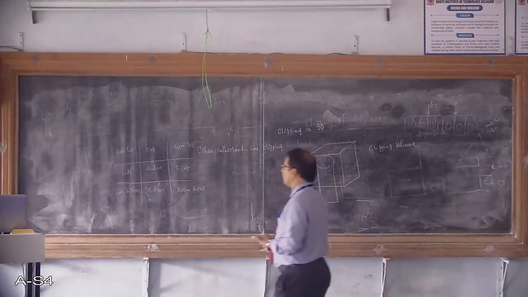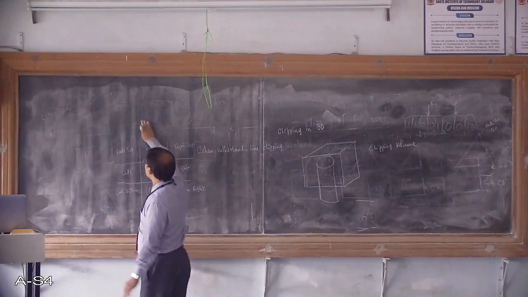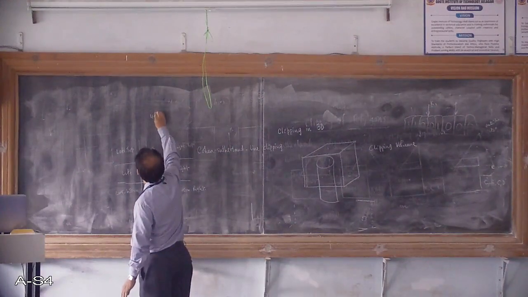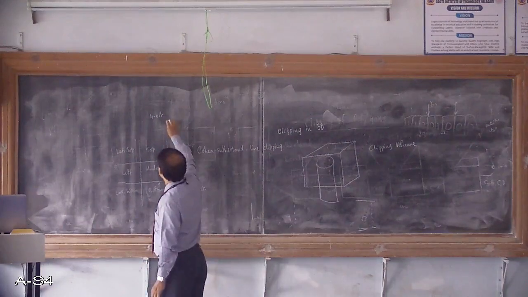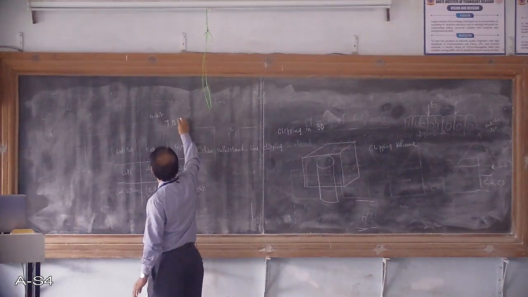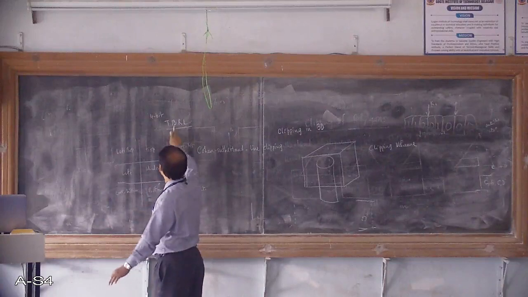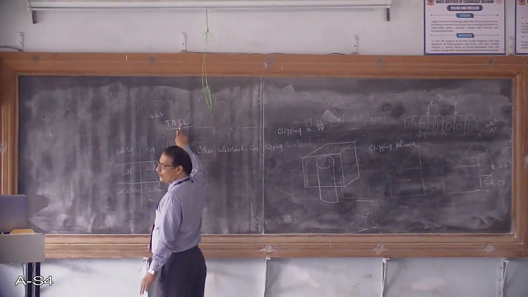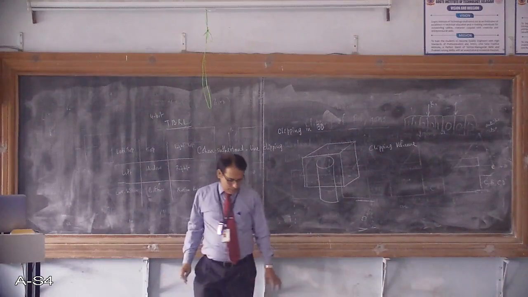Outcode for 2-dimensional clipping is a 4-bit code. The 4-bit code for 2-dimensional objects can be written as T, B, R, L. T stands for top, B stands for bottom, R stands for right, and L for left.